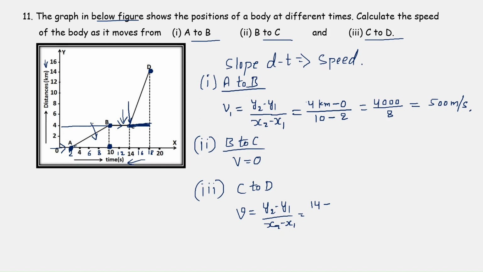So now y1 will be equals to 4 divided by h2 will be 18 seconds and h1 will be 14 seconds. So 18 minus 14. So now 14 minus 4 will be equals to 10 kilometers, which is nothing but 10,000 meters. So let me write once 10 kilometers, later we'll convert it. 10 kilometers divided by 4 seconds. Later we'll write 10,000 meters by 4 seconds. So which is going to give you the value of velocity or speed, 2500 meter per second.